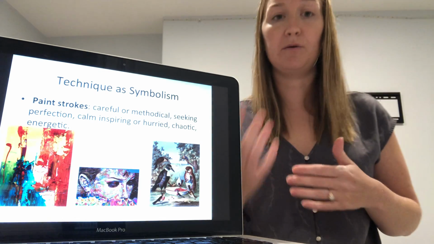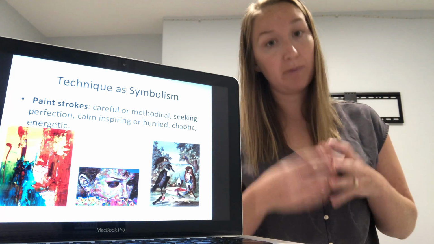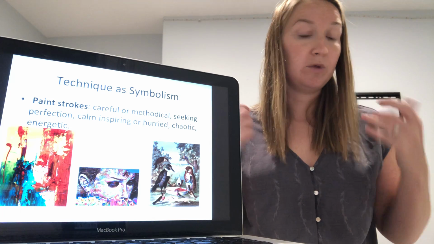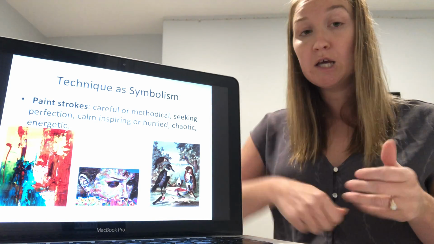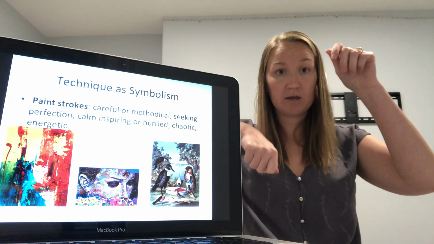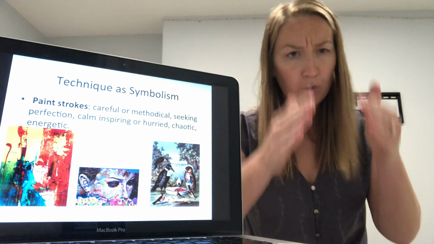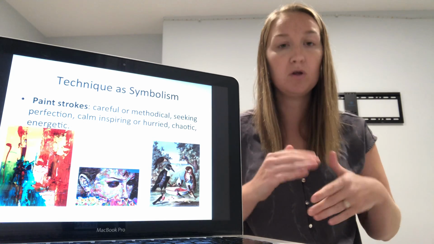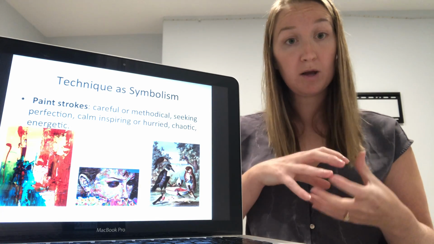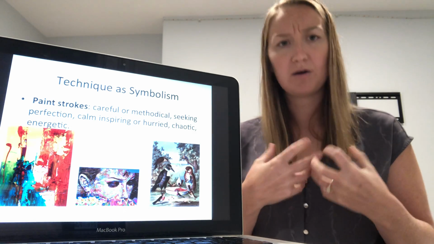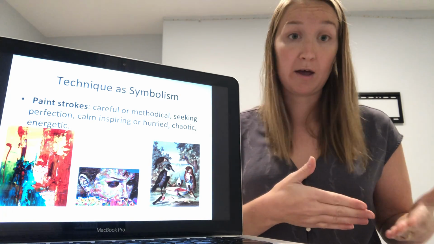And then, of course, something that we might be using, painting and paint strokes. Even the way that you do your strokes could depict a feeling. So if your paint is crazy and you're just being quick and you're not being careful, that's okay, because that gives a meaning. If that's the meaning that you want, energy, chaos, then use that.